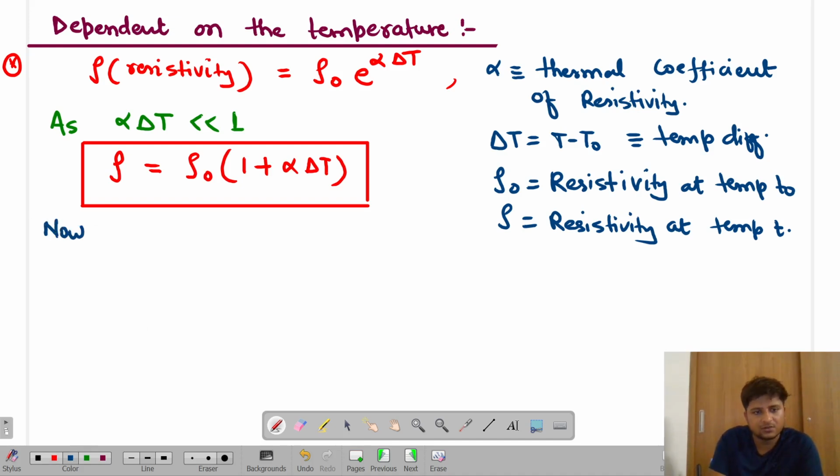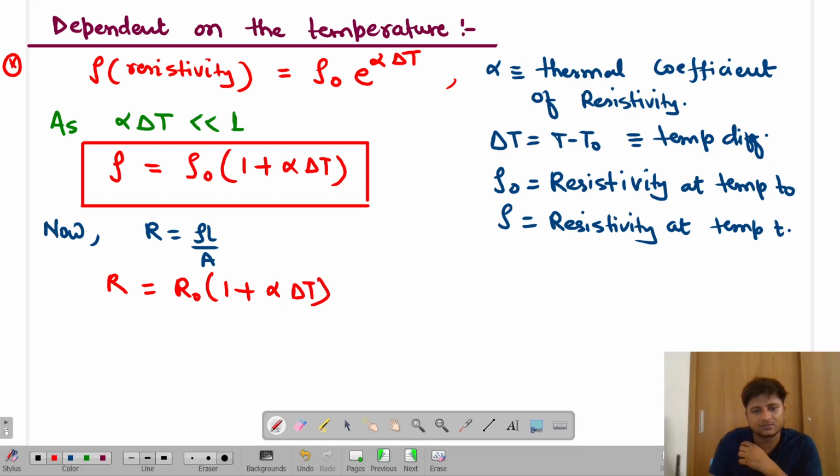Now, as R is equal to rho L by A, if I'm not changing length and area, I can replace rho as RA by L, in which A and L will cancel, and this will be given as the formula R is equal to R naught (1 plus alpha delta T).